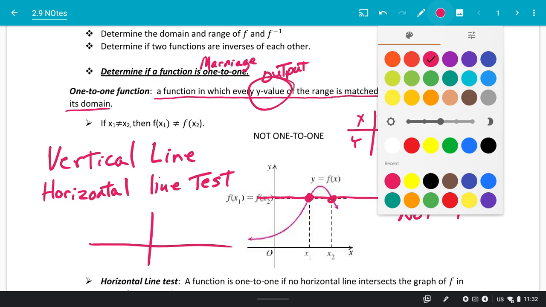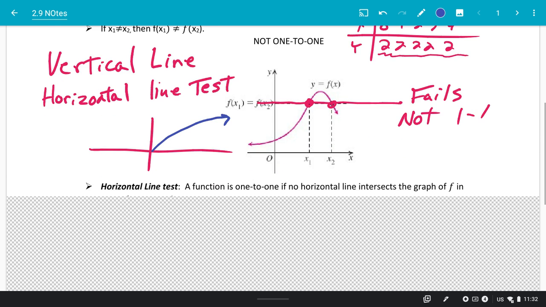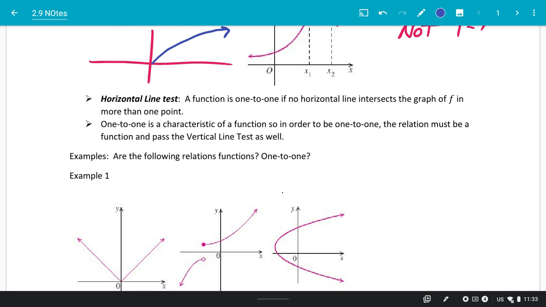Let me go with another color for the function. Is that function 1-to-1? Absolutely. Passes the horizontal line test. Okay? And the horizontal line test is: a function is 1-to-1 if no horizontal line intersects the graph of the function in more than one point.